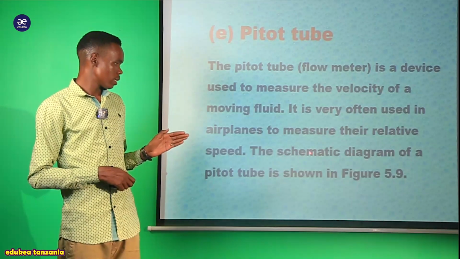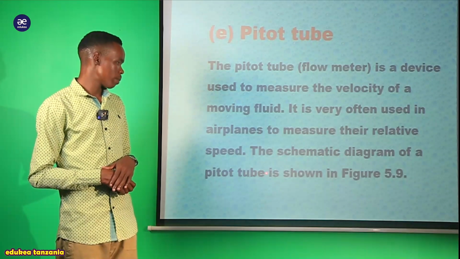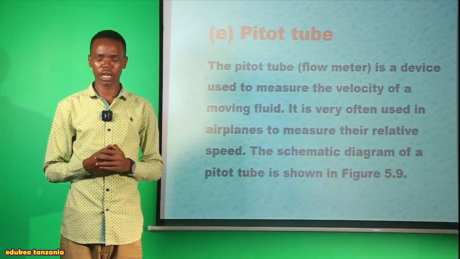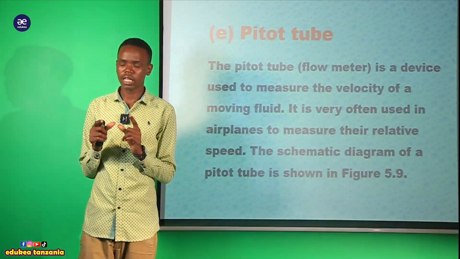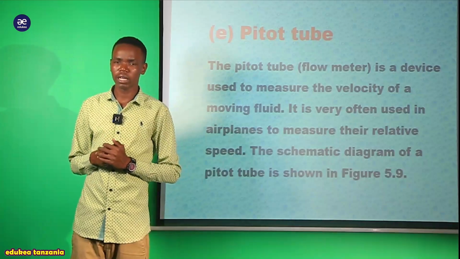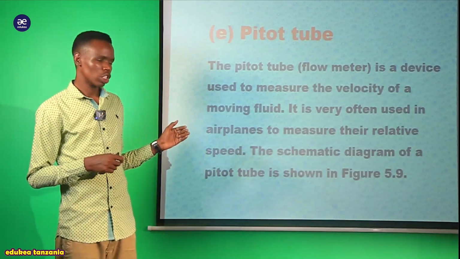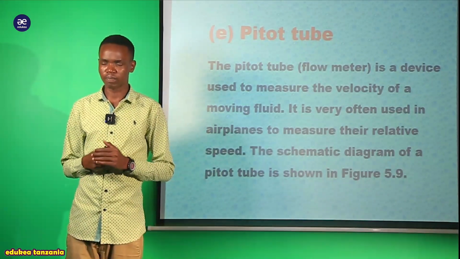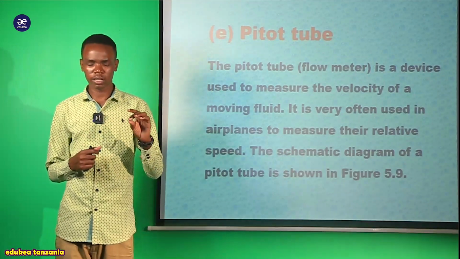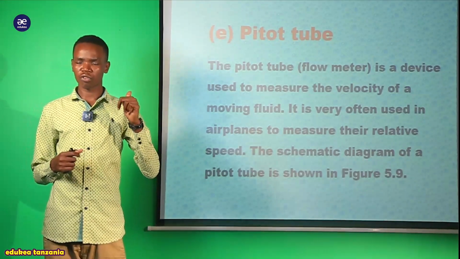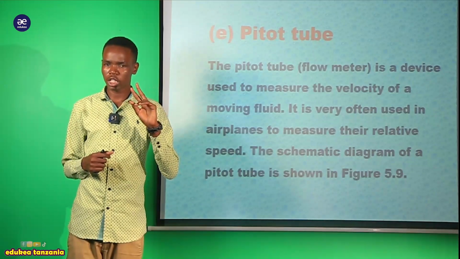So the schematic diagram of the pitot tube is shown in the figure. Kwa sasa tutaenda kuangalia ile schematic diagram, ile figure ambayo ina explain about the pitot tube, my lovely students. But kitu ambacho unatakiwa uweze kukeep on your mind ni kwamba pitot tube is like the flowmeter. It involves only a tube.